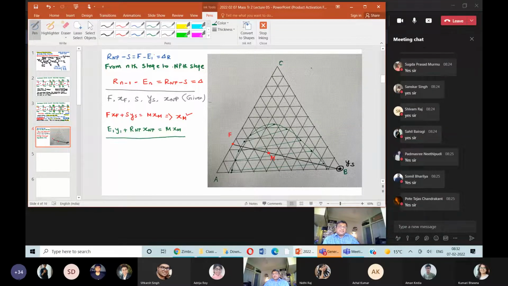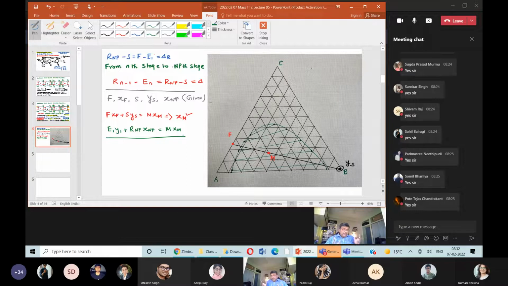So I guess this class now knows that if you had a single stage, right, cross flow is equivalent to a single stage, you would have simply drawn a tie line, right? Why? Because the balance for a single stage was E1 Y1 plus R1 X1 is equal to M X_M.